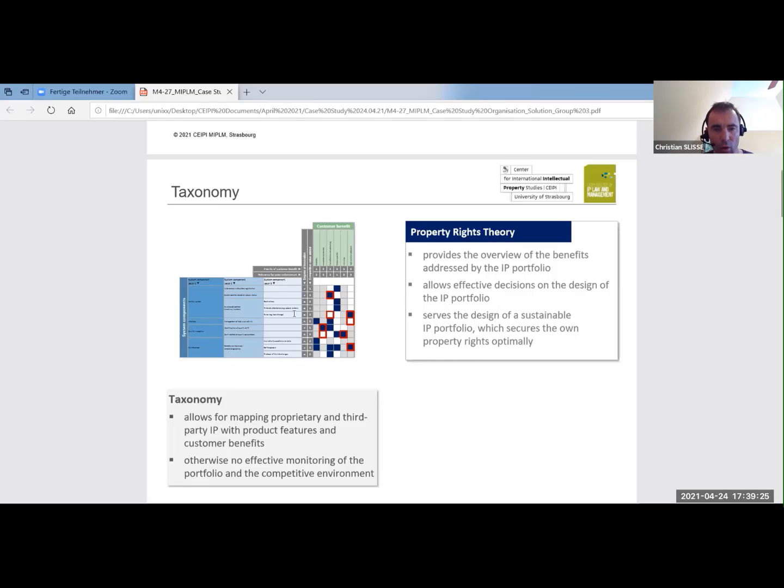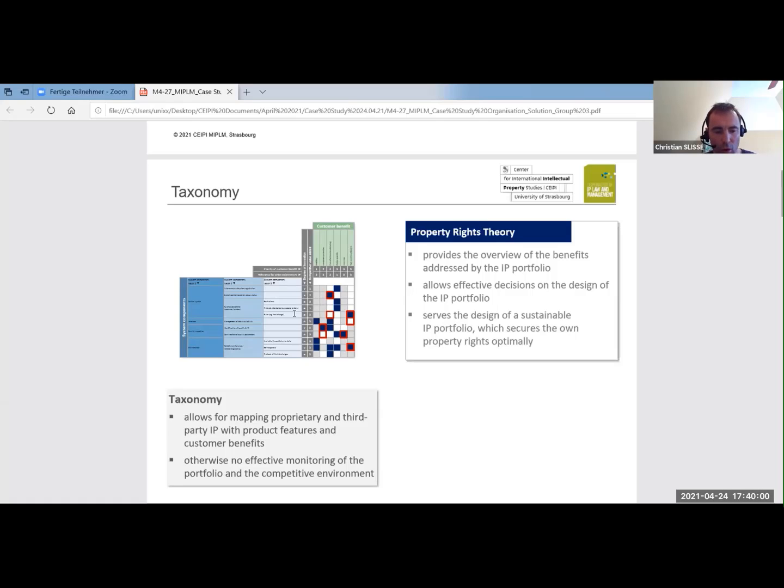And now looking at the relation to property rights theory and institutional economics, obviously the property right theory applies very well here, because on the first point, it is a great way of making the value of the IP portfolio visible and understandable for the stakeholders, for example. How do the IP rights give us exclusivity on key customer benefits? This tool is really clearly showing that.